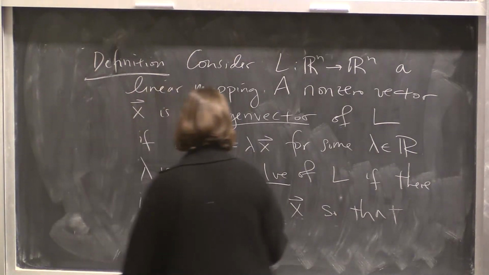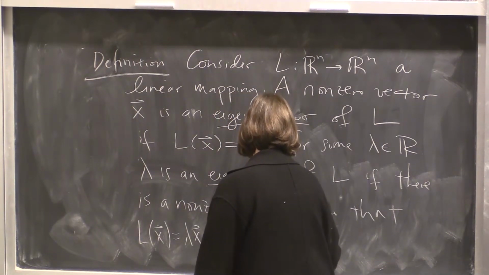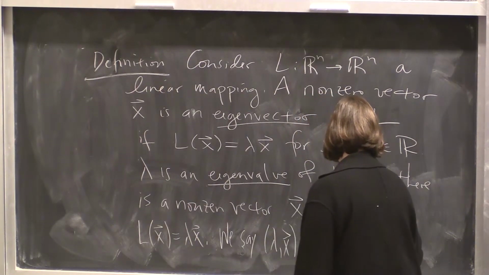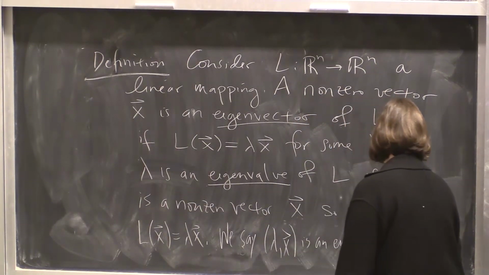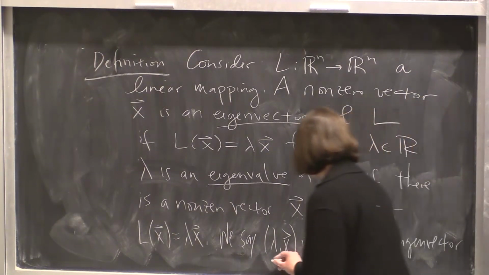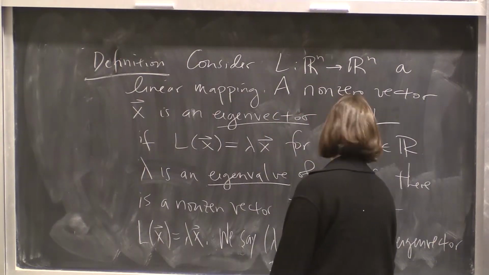And we say lambda, x is an eigenvalue, eigenvector pair of the linear mapping.